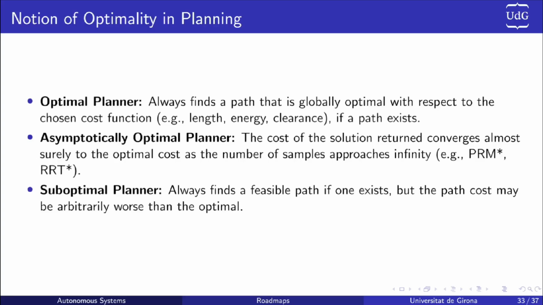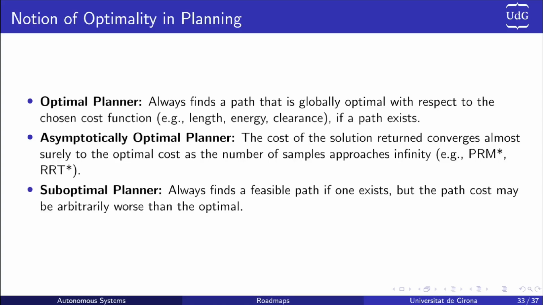Then here, again, the more samples we add, the more optimal is our solution. This does not happen all the time. If we use a standard PRM or a standard RRT, that is a path planner algorithm that also uses sampling, they are not asymptotically optimal. However, if we use the PRM star or the RRT star, we will see all these algorithms in more detail in another lesson, then yes, the more samples we add, the closer we are to the optimal solution.